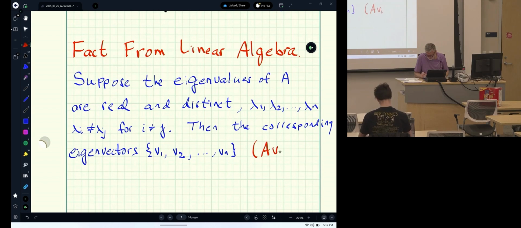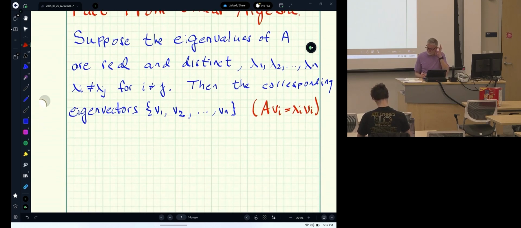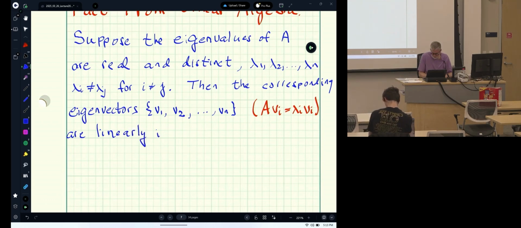So these guys are eigenvectors, so they're not zero. Are linearly independent.